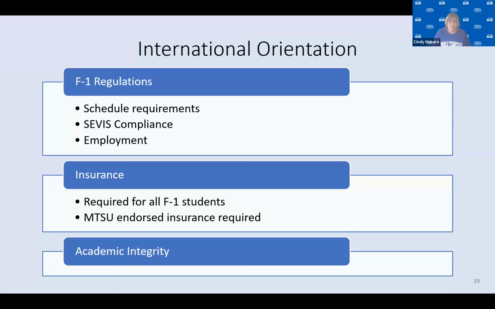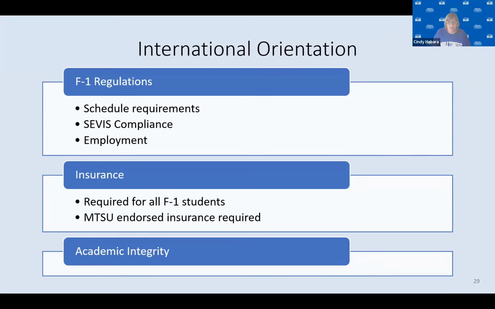We also talk about employment, where you can and cannot work, and the limitations and regulations regarding employment. We talk about insurance. All our F1 and J students must have insurance while in the United States. We require you to purchase the university endorsed insurance.